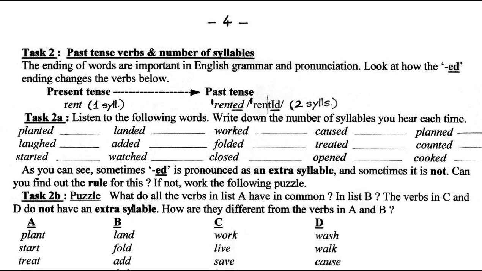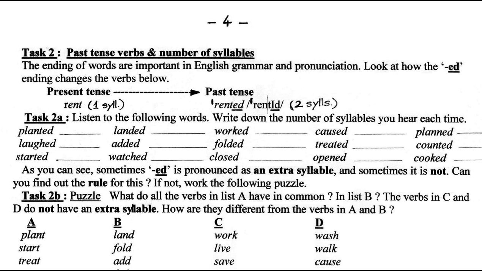Next. Started. Yes, we have 2 syllables, star and tid. Next. Watched. How many? Yes, just 1 syllable. Next. Closed. Again, just 1 syllable here.